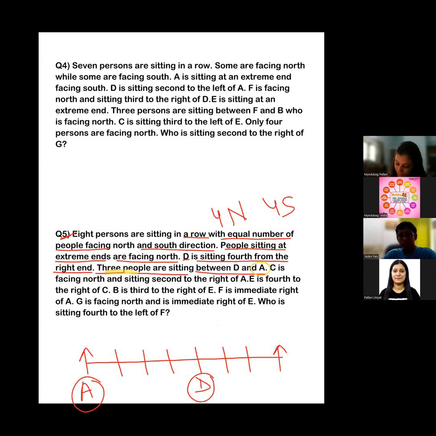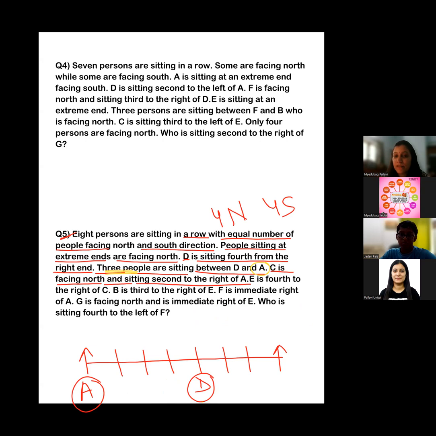Let's erase this. Next is C is facing north. C is facing north and sitting second to the right of A. We know the direction of A, that is north. So we can place C according to A, right?